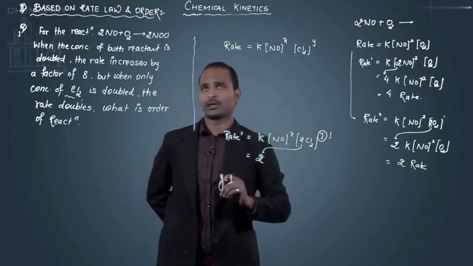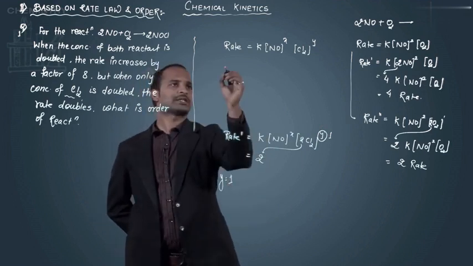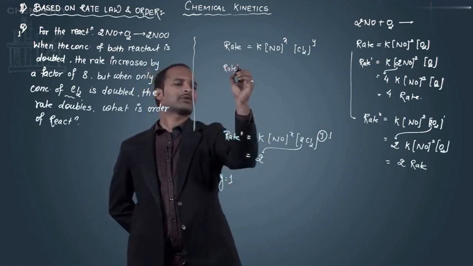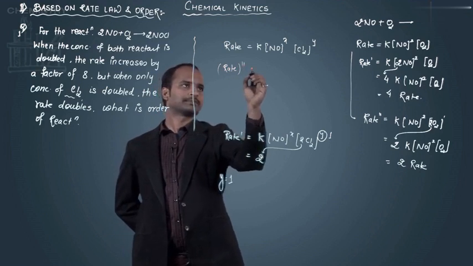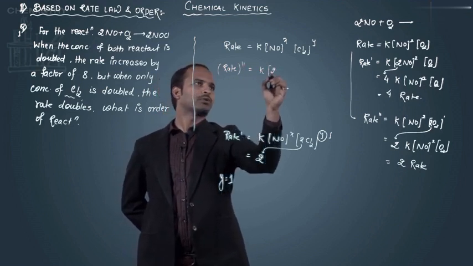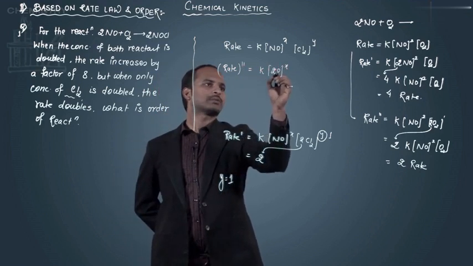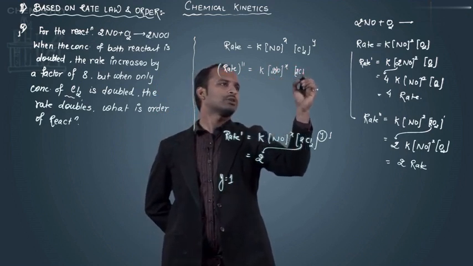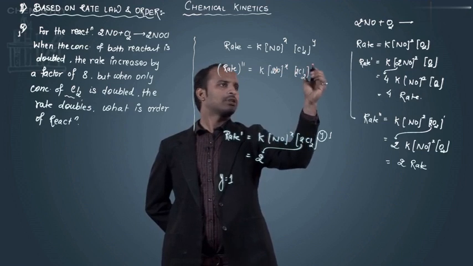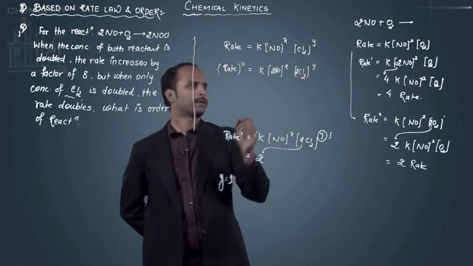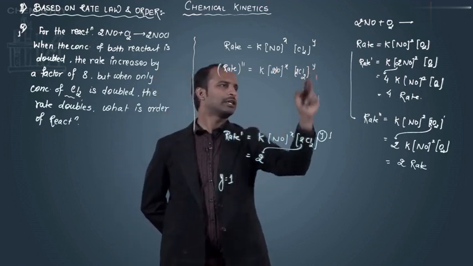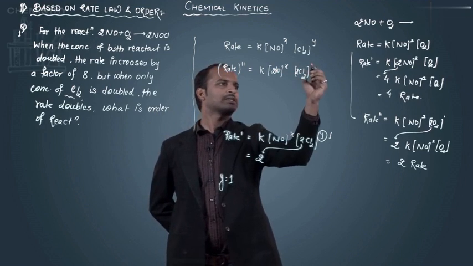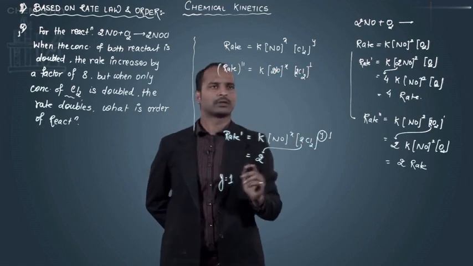Okay, now let's go back to the first case. It is said that if the concentration of both is doubled, so K into NO raised to X, and Cl2 is also doubled, raised to Y. But finally here I got the value of Y, so here I can say it is going to be 1 only.